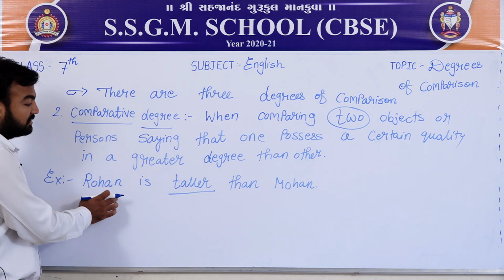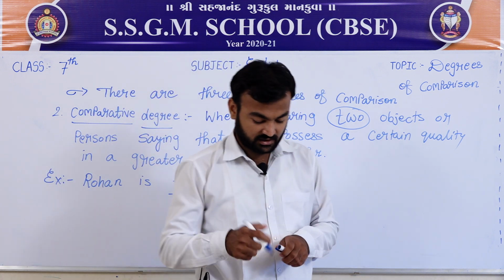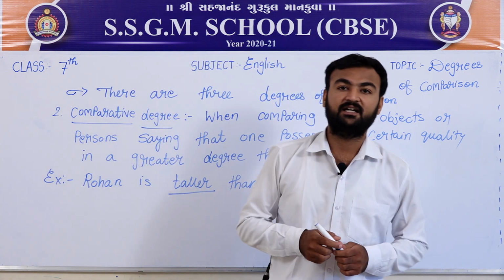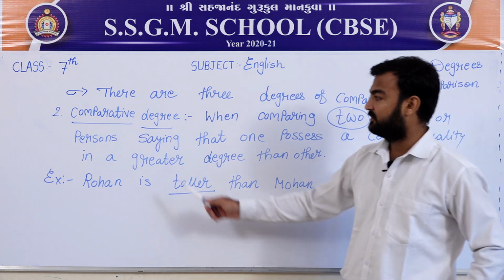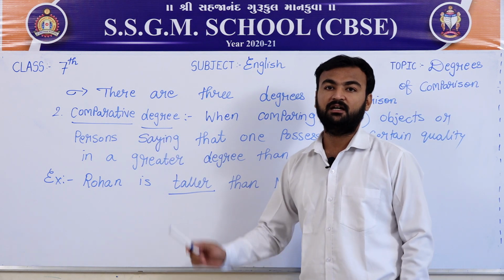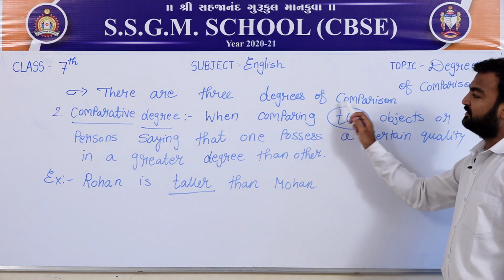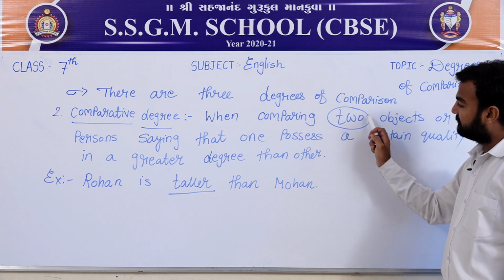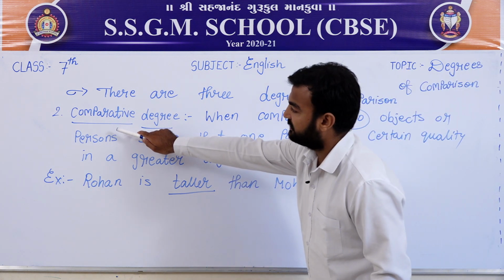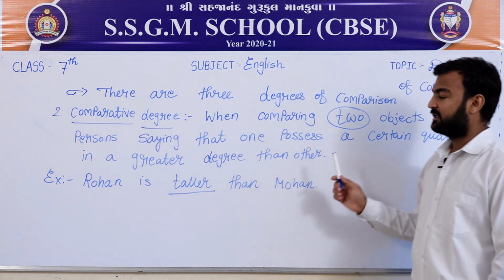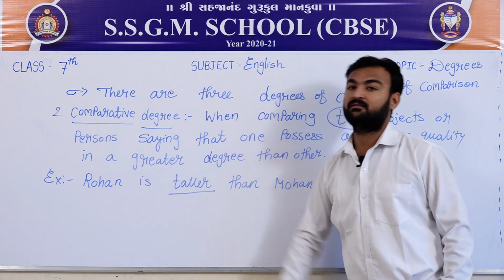That means Rohan is taller than Mohan, Rohan is taller in height than Mohan. So at that point of time we are using comparative degree, and we can compare only two. I have already circled it here. Why? Because when we are using comparative degree we are comparing only two objects or persons.